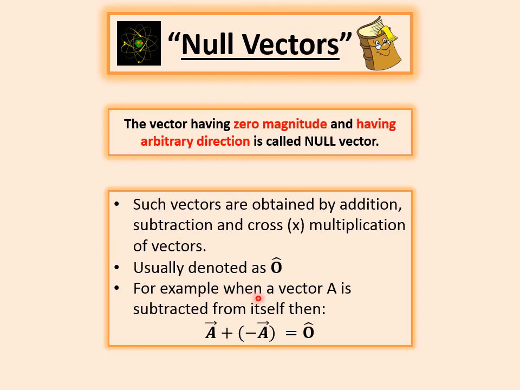For example, when a vector A is subtracted from itself, then we have a vector A plus minus vector A is equal to 0 और O कैप. ओके, सो ये हमारे पास एक वेक्टर, जिस वेक्टर को हम उसी वेक्टर के मैग्नीट्यूड से अगर सब्ट्रैक्ट कर दें हम, तो आपको जो वेक्टर मिलेगा वो नल वेक्टर होगा.